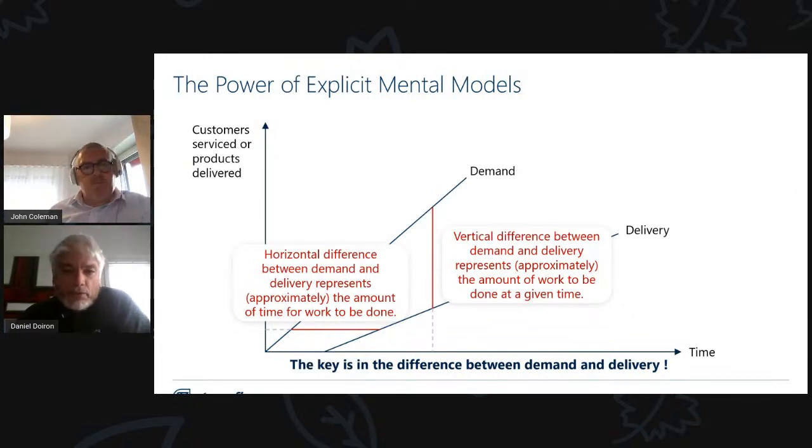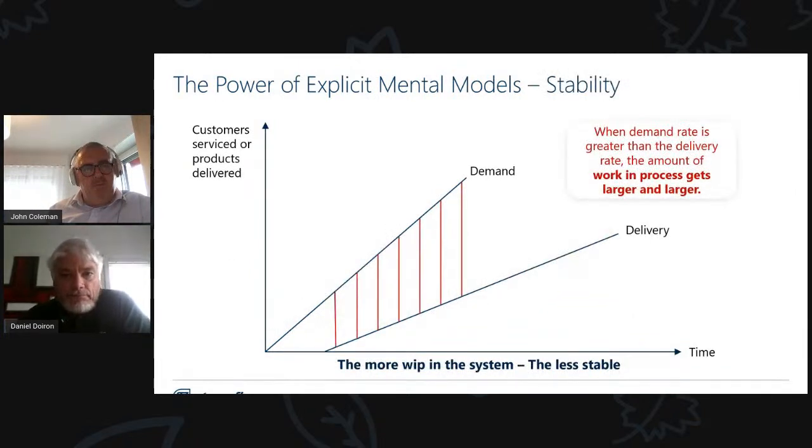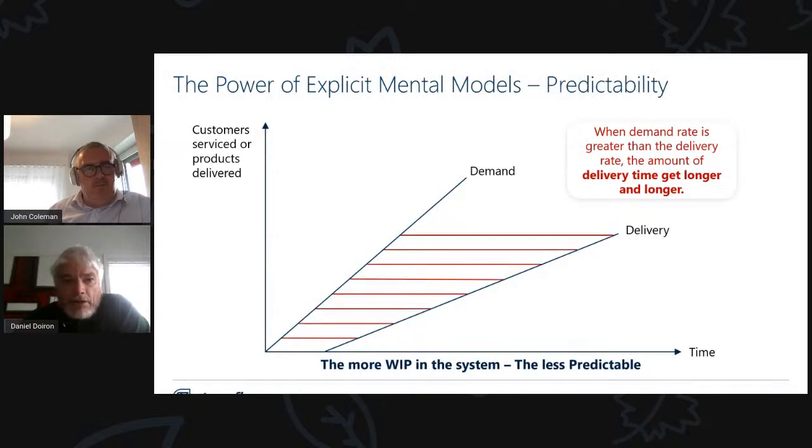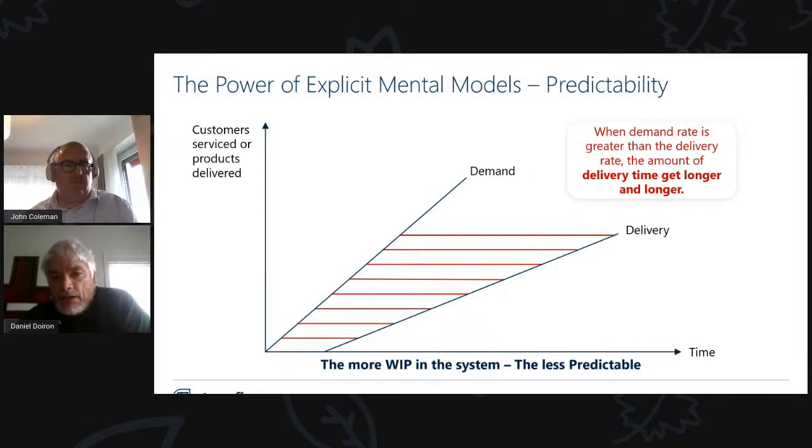The first reflex, of course, is to increase capacity. But as demand flies away from the delivery line, the amount of work in progress gets higher and higher, and the system becomes less and less stable. The more stuff you have in the system, the more time it takes to get things done, and the less predictable you become.